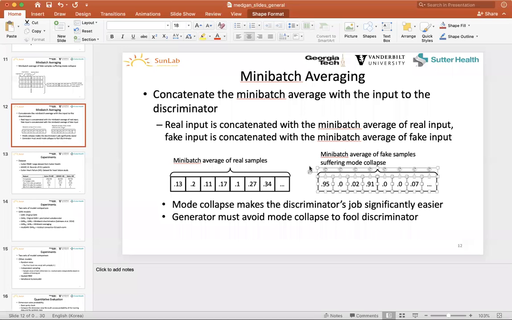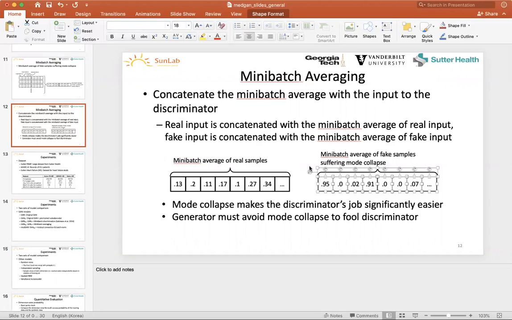When you're generating images, there was something else called mini batch something, proposed in the early days, around 2016, to encourage the generator to generate more diversely distributed images. So the philosophy is the same.